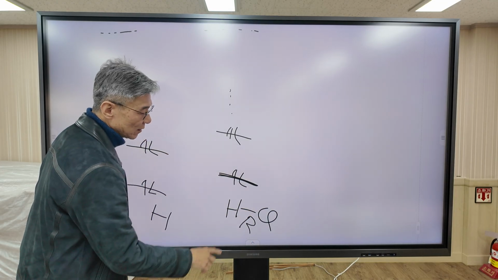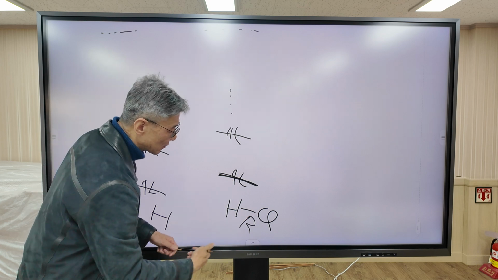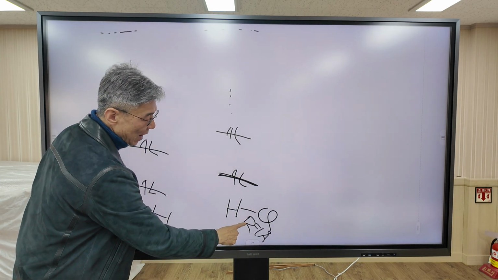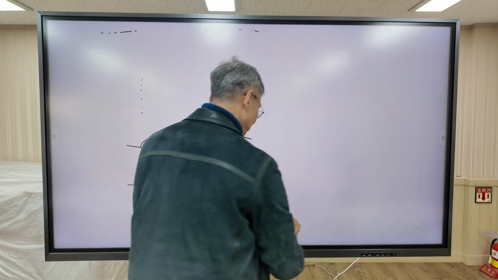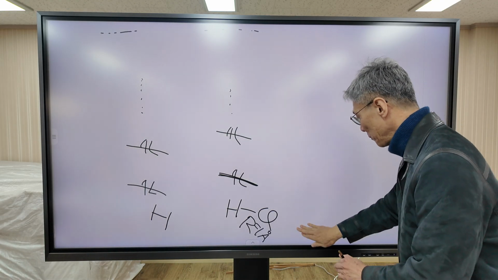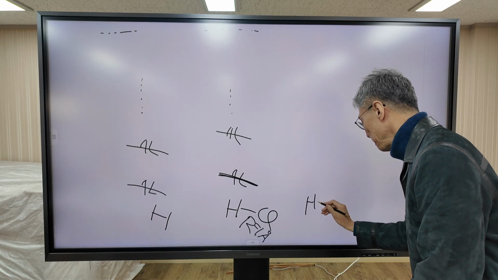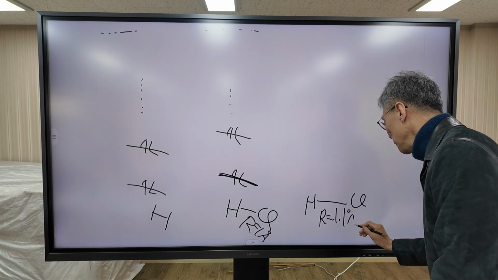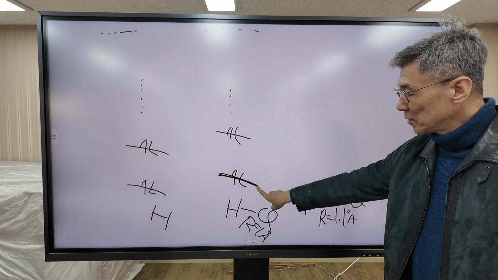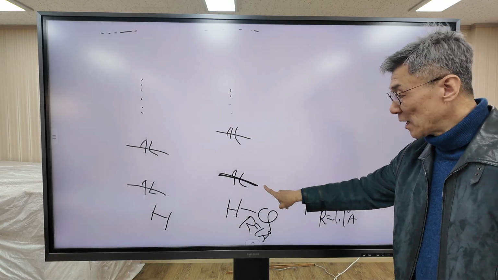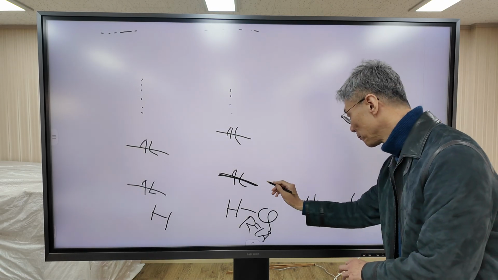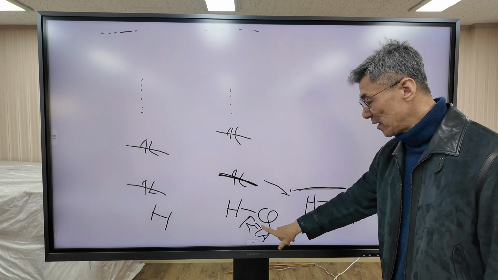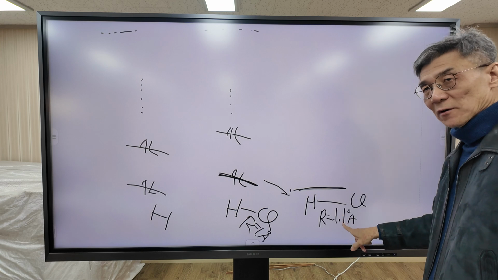For example, this energy level is at R equal to 1 angstrom. When R changes from 1 angstrom to 1.1 angstrom, the molecular orbital energy level changes. Sometimes it decreases.